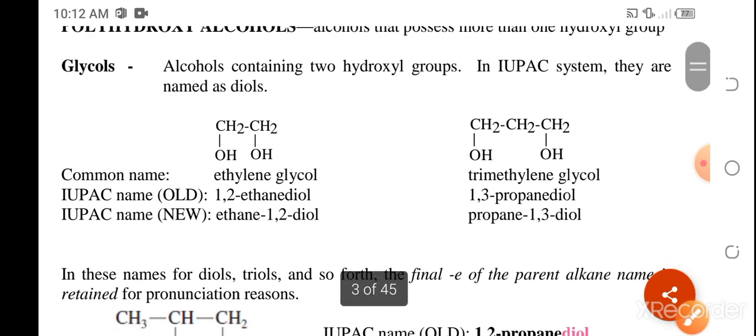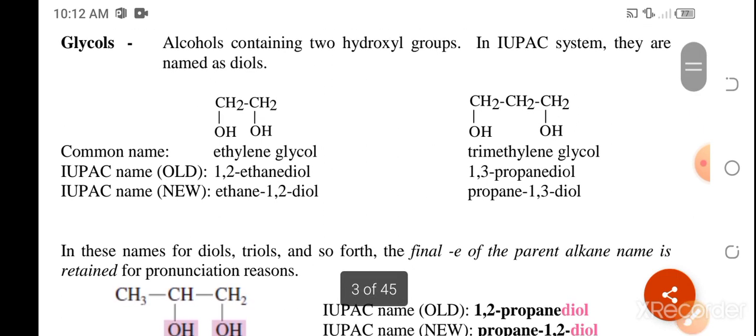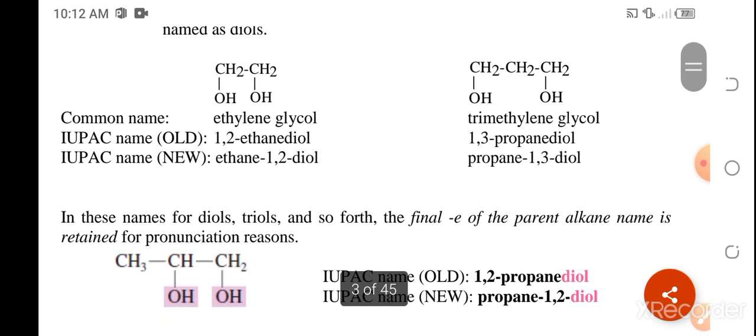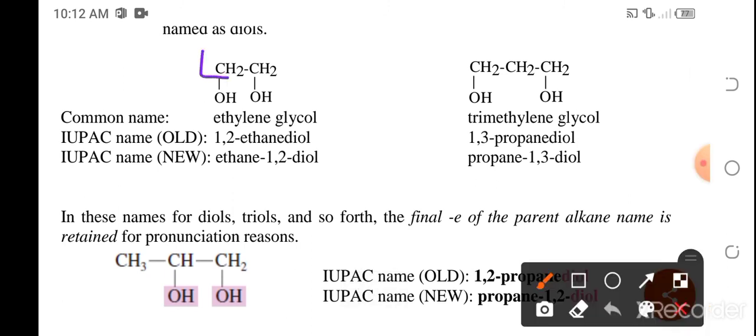Okay, so for this case, we have a diol. There are 2 carbon atoms, and that is ethane. We are not going to drop the E, because earlier we dropped it. So we have ethane.